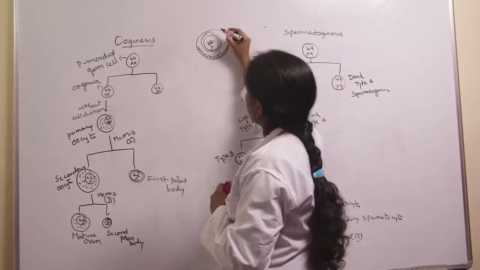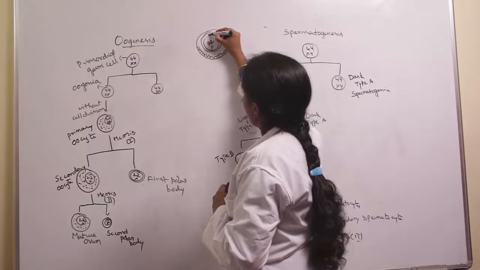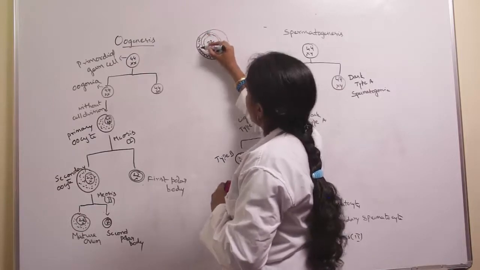And this is the zona pellucida, here is the first polar body, and this is the cumulus ovaricus cells.